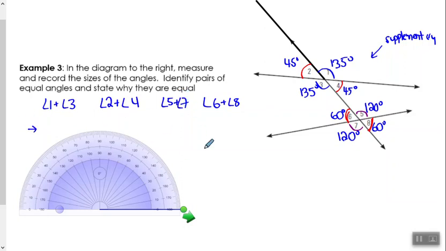And we see from all of them that they are vertically opposite. Okay, so we can gather from this that vertically opposite angles are equal. So vertically opposite angles are equal.